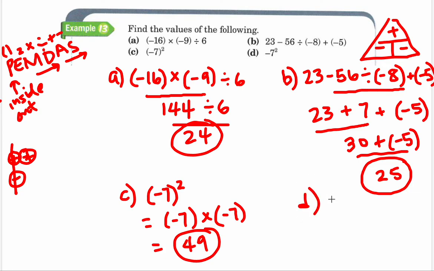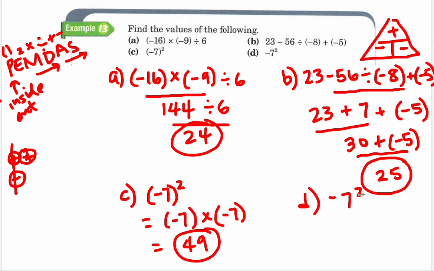Okay, and last one, D, negative 7 squared. Ooh, I notice it looks just like C, except there's no parentheses. So when that happens, remember, when the parentheses is around the number, that means the negative belongs to the 7. When it doesn't have parentheses, that means that negative doesn't belong to the 7.